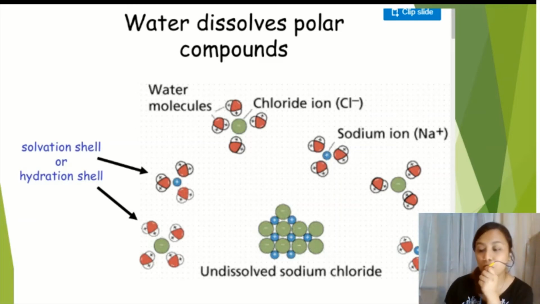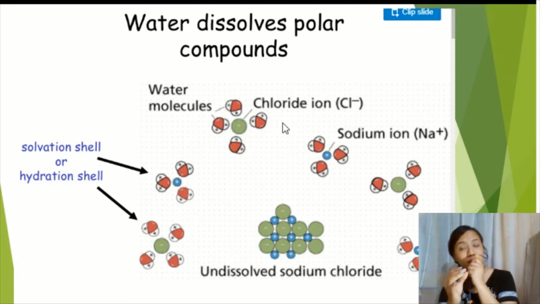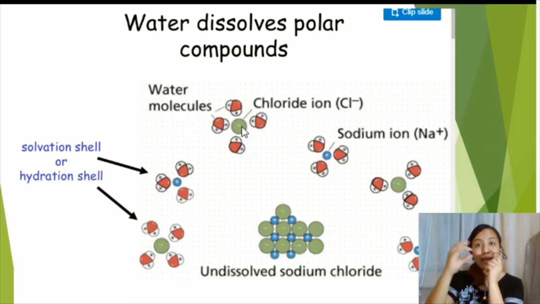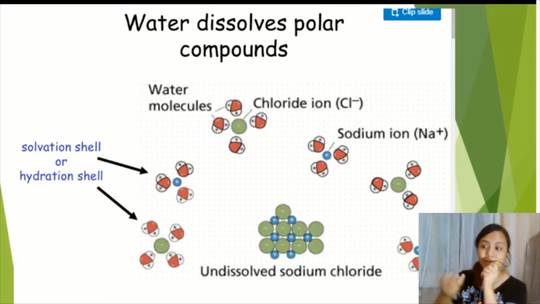Same with your chloride, which is actually negative. So if it is in a negative state, your water will adjust. It will slightly shift to its hydrogen part, which is the positive part, and it will again form solvation shells, and then it will readily make your chloride dissolve in your solution.